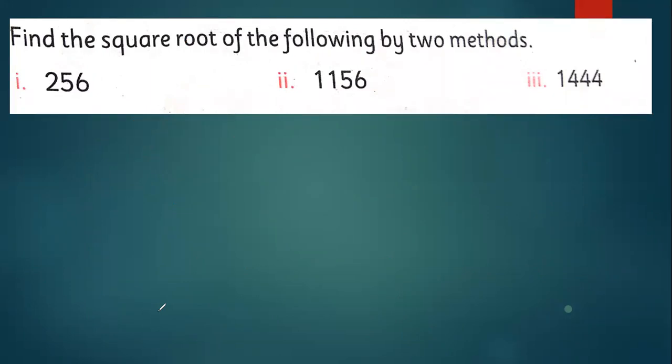Okay, now doing this 256 by division method. For division method, we put this 256. Now, first step is make pairs. So there is only one pair. Now, how can we do this? 1 ones are 1, 2 twos are 4, 3 threes are 9, which is suitable one?